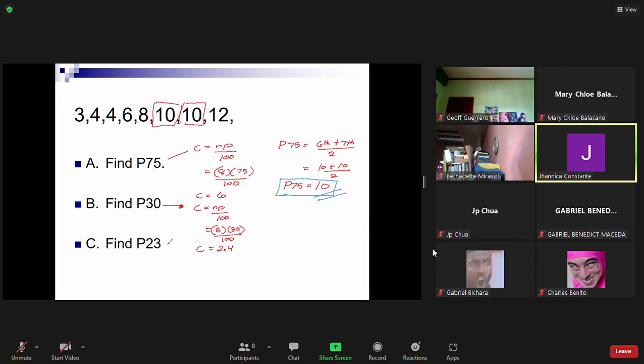Since we have a decimal value for C, we're just going to round it off. So 2.4 is equal to 3. So that means the 30th percentile is equal to the 3rd position. The number in the 3rd position in the data that we have is 4. So the 30th percentile is equal to 4.